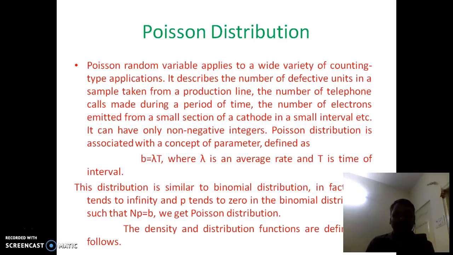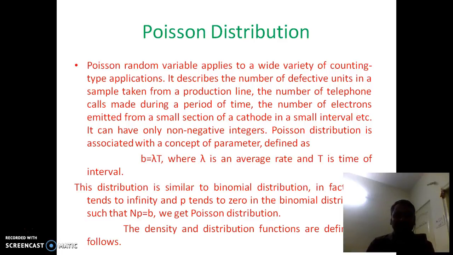It describes the number of defective units in a sample taken from a production line, the number of telephone calls made during a period of time, the number of electrons emitted from a small section of a cathode in a small interval, etc. It can have only non-negative integers.